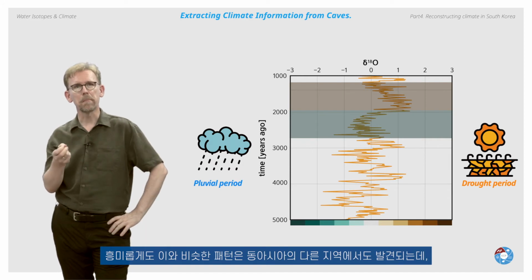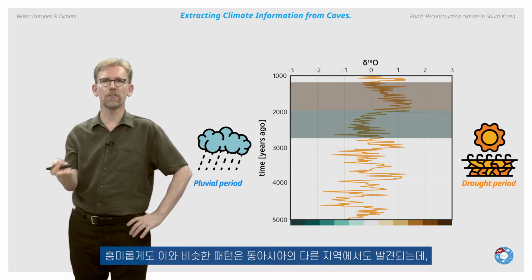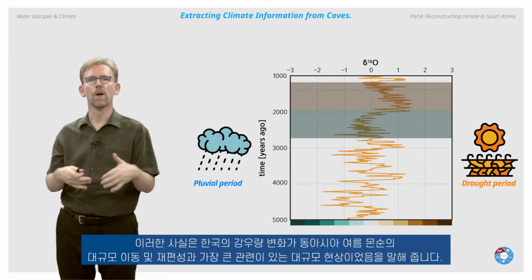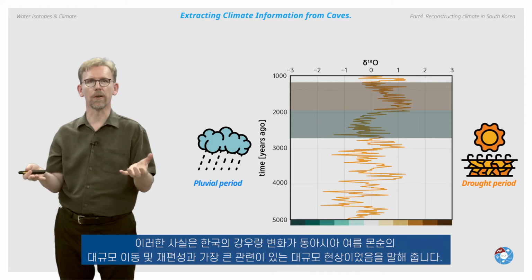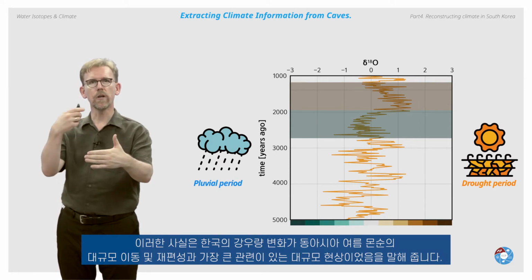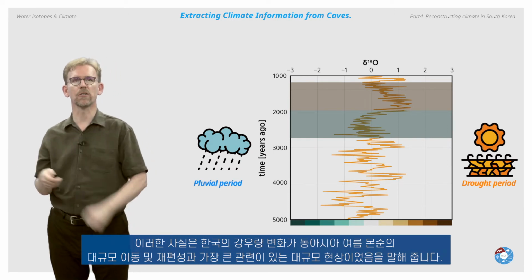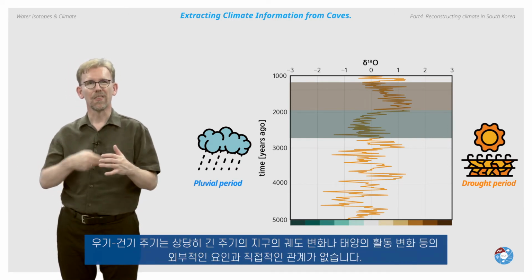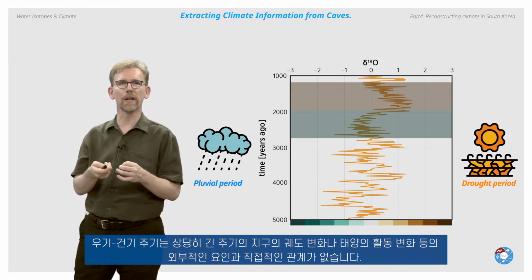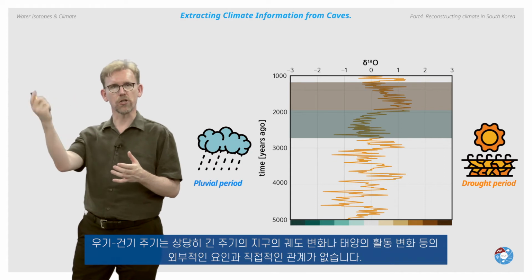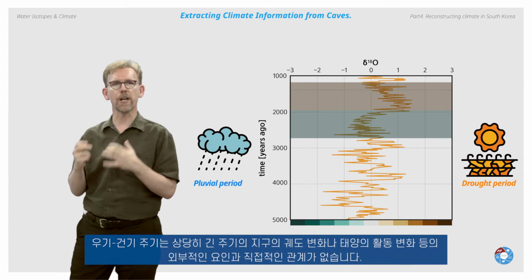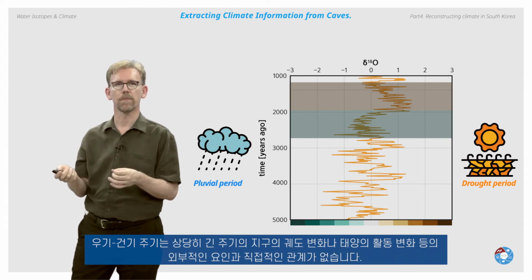Interestingly, similar patterns can be found in other parts of East Asia, which highlights that these shifts in rainfall were a large-scale phenomenon, related mostly to massive shifts and reorganizations of the East Asian summer monsoon. The wet and dry cycles are not directly related to any known external forcing, such as changes in Earth's orbit, which may take much longer, or to changes in solar activity.